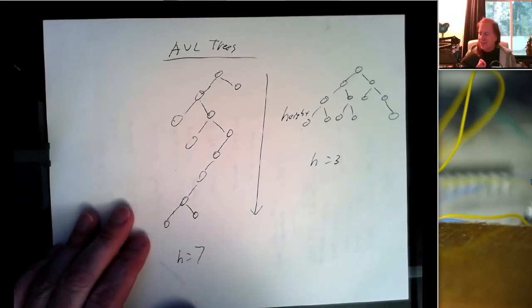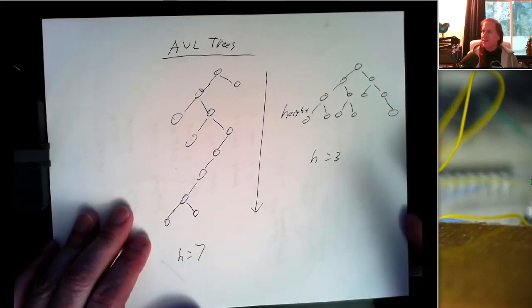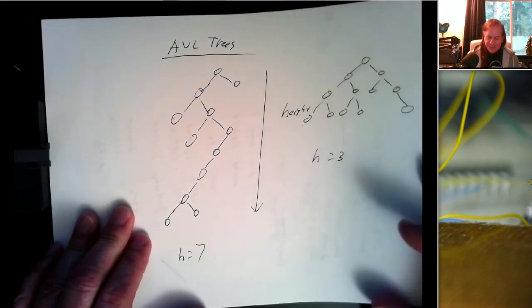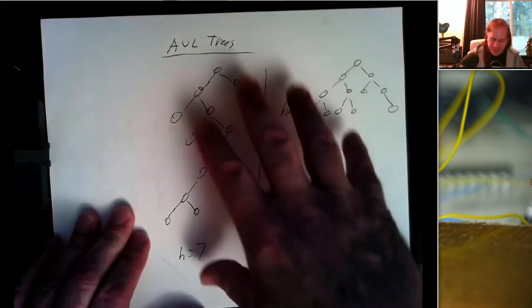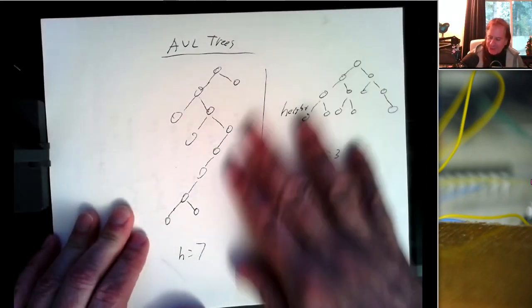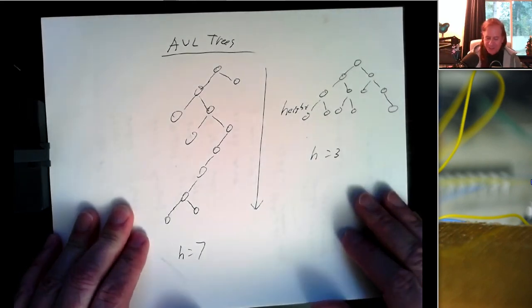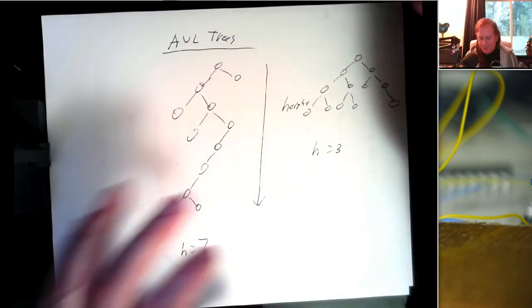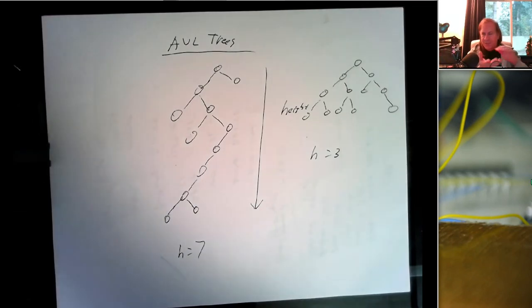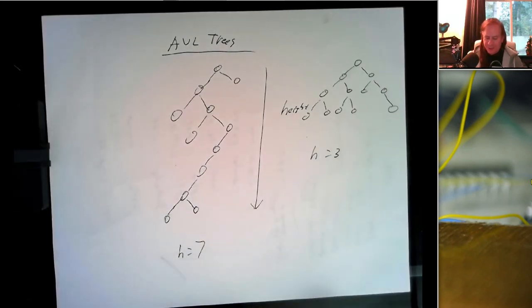So there's great interest in keeping trees balanced, in making sure that as we build up our tree or modify it by deleting nodes, we keep this property of being as filled up in the higher levels as possible before we go to the deeper ones.